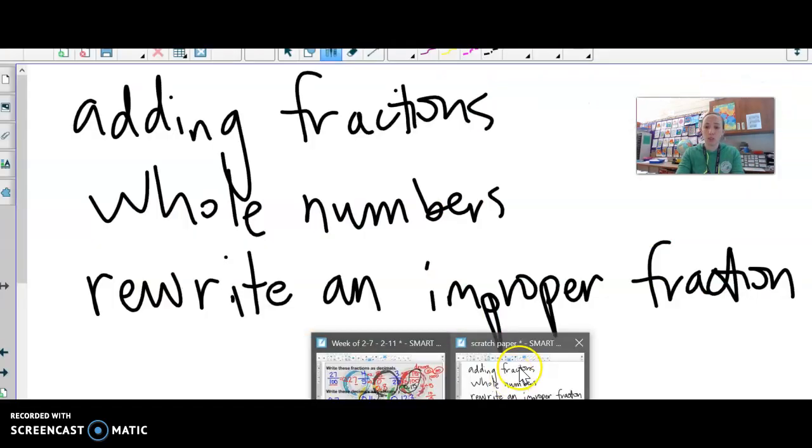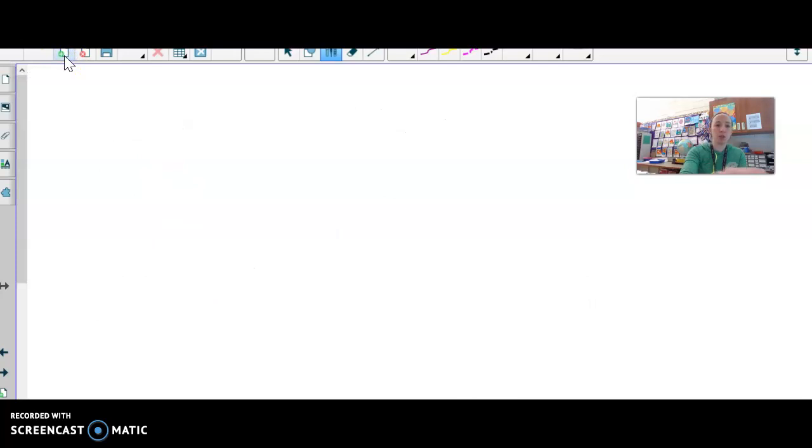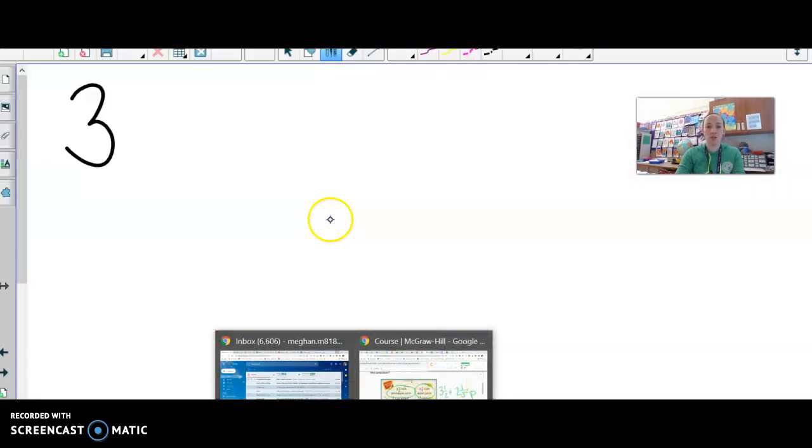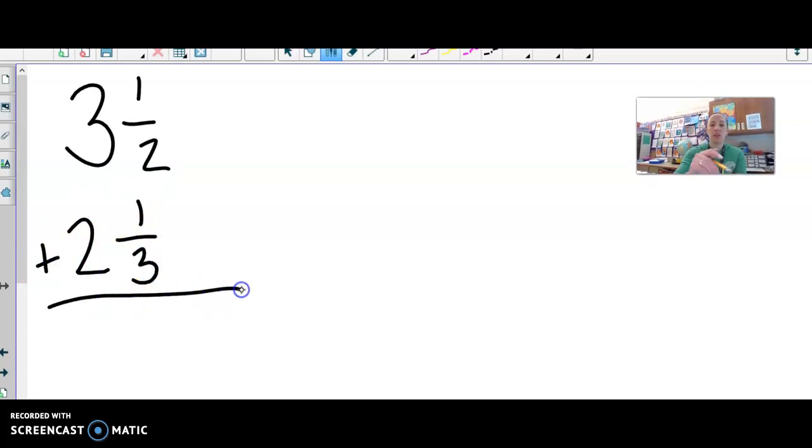So, let's go ahead and do that. And now, of course, that I wrote it, I'm going to immediately forget what they were. 3.5, 2 1/3, okay. Half plus 2 1/3. So, still going to find a common denominator. That does not change. 2, 4, 6. 3, 6, so we can use 6.